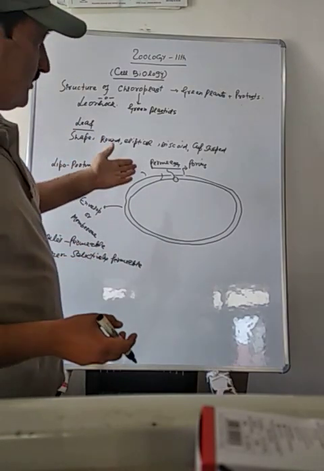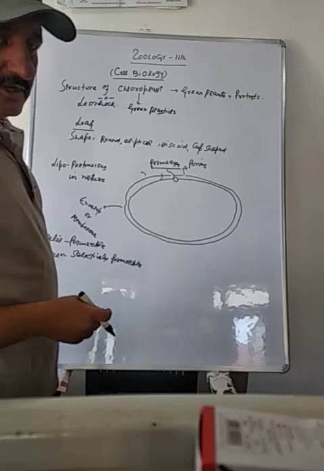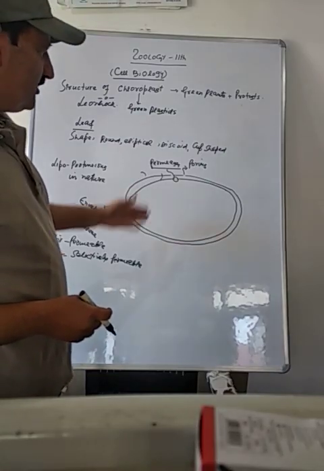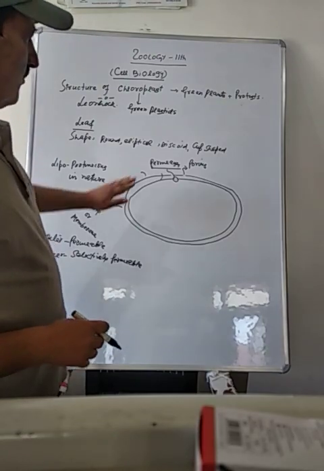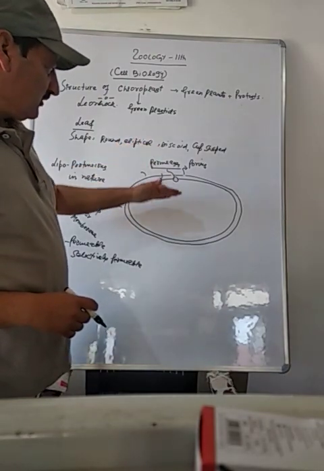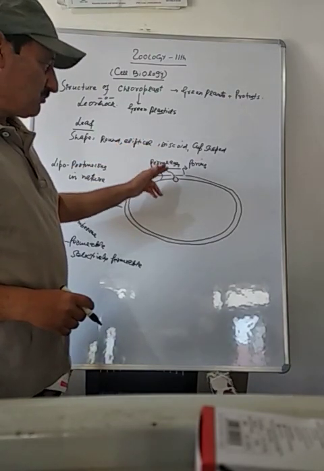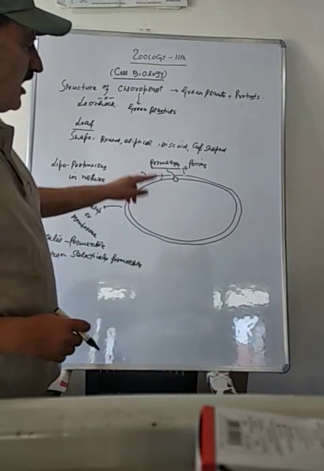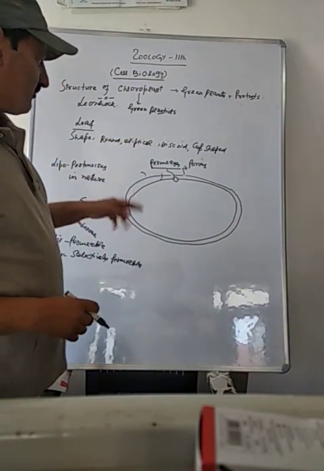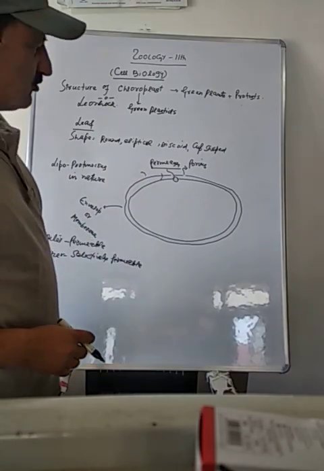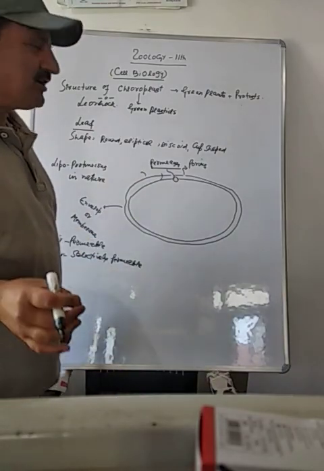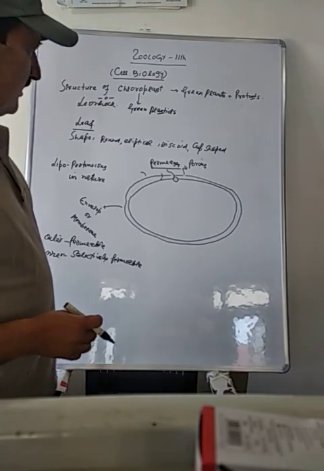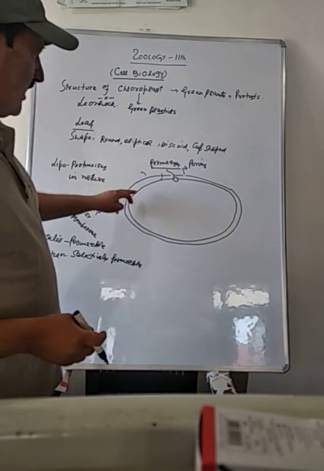That means if a salt particle is needed, it will help transport. If it is not needed, it will not help. So material can pass from outside to inside through a selective process, through permeases, and there is no binding in the outer membrane. Material can pass through it anytime. It does not select, it does not prevent, it allows it. This is the main difference between outer membrane and inner membrane.